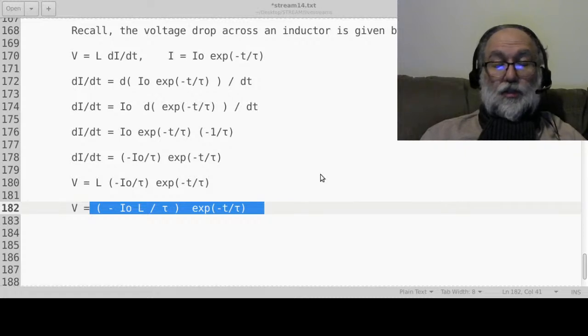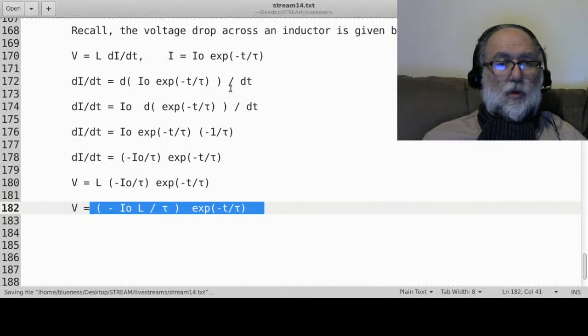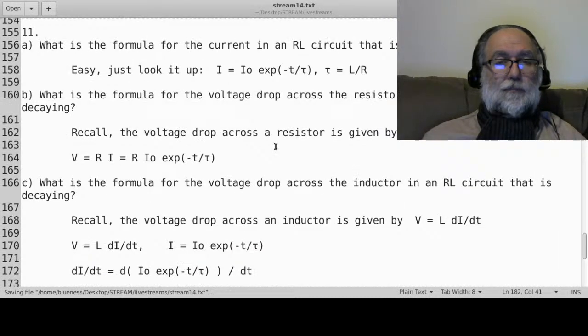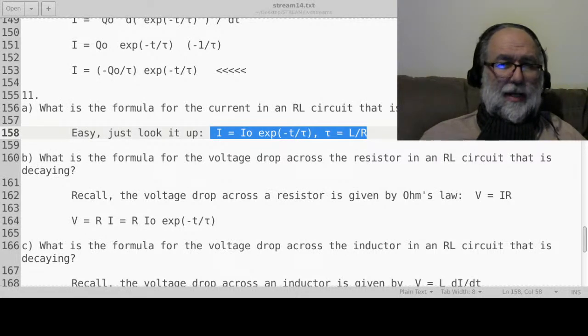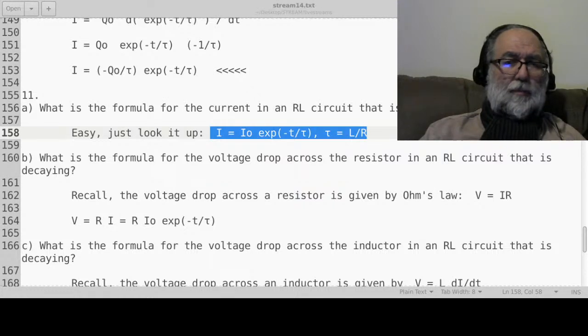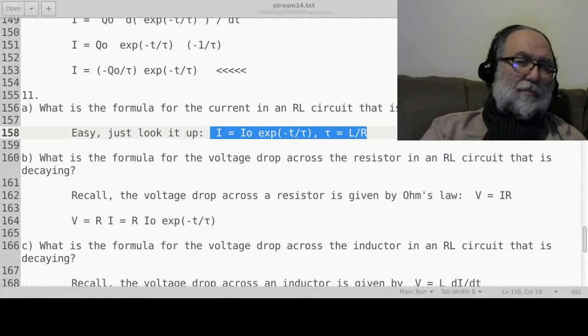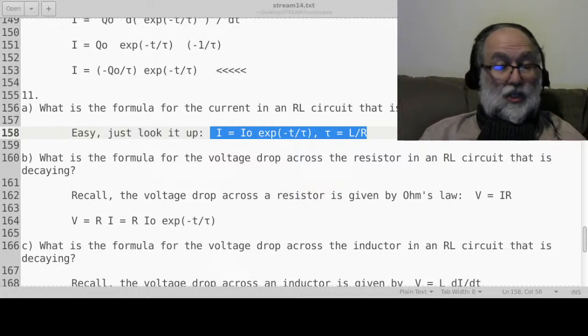All right. That's it for the lecture. And so you just have to be careful. In these problems, there's sort of the starting point, which is kind of the bottom line, but then you could derive things from it, because you could say, well, is there a relationship between voltage drop and the change in the current?